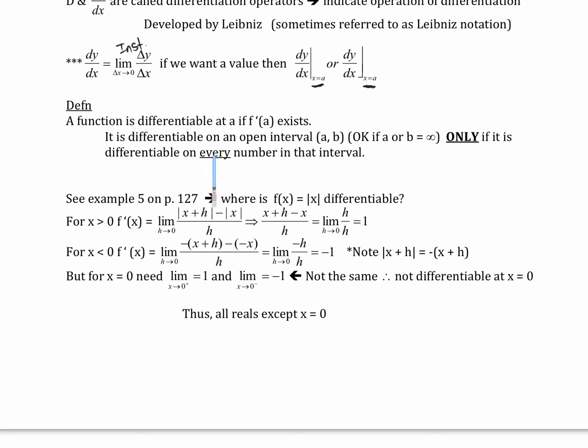It is differentiable on any open interval a to b, where a or b may be infinity, only if it is differentiable at every single number in that interval. If you take a look in Stewart on page 127, example 5, he determines if the absolute value of x is differentiable.